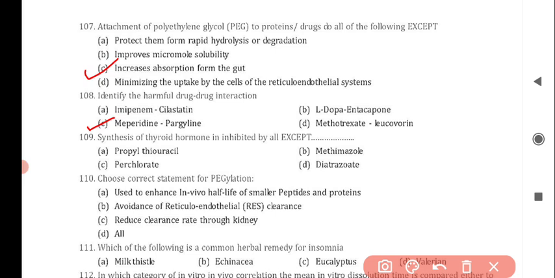Next question is, synthesis of thyroid hormone is inhibited by all except, and the correct answer is option D, diatrizoate. Next question is, choose the correct statement of pegylation, and the correct answer is option A, used to enhance in vivo half-life of smaller peptides and proteins.